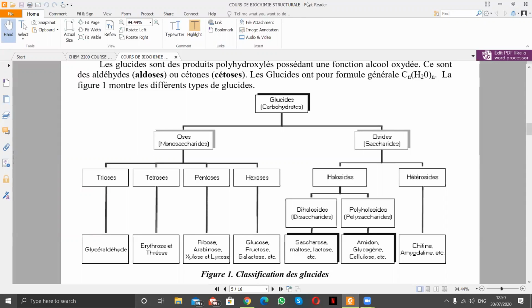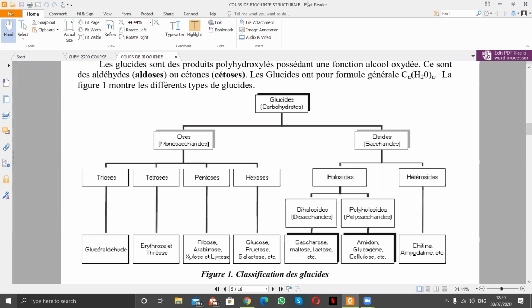Lactose is another example of oligosaccharide, which is a disaccharide of galactose and glucose. I can talk of maltose, again, a disaccharide of two glucose residues.